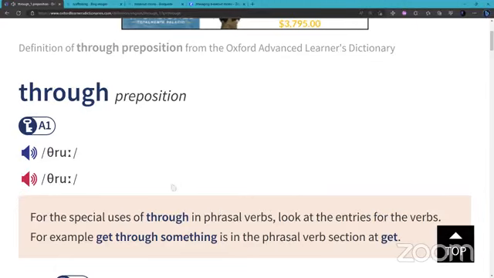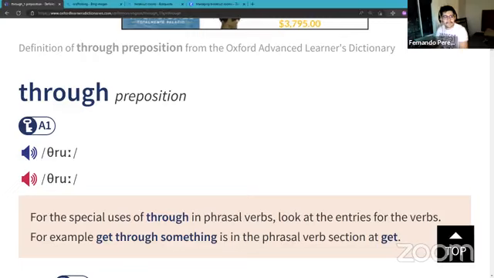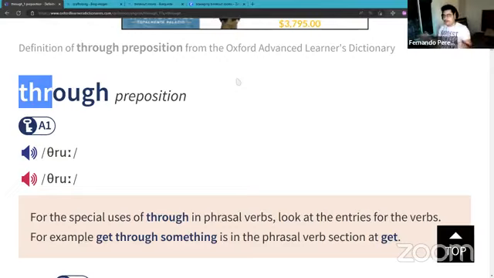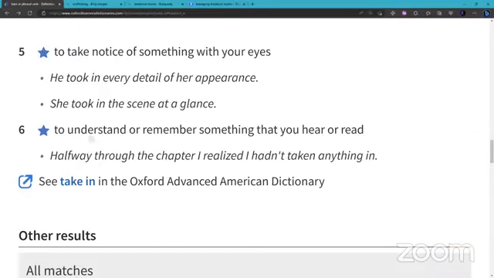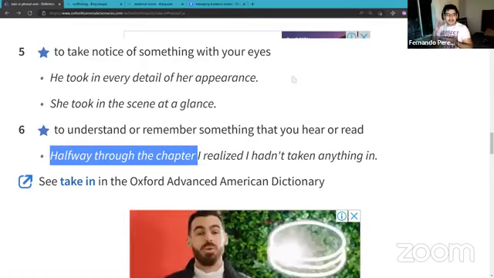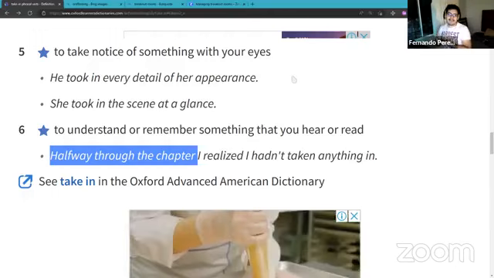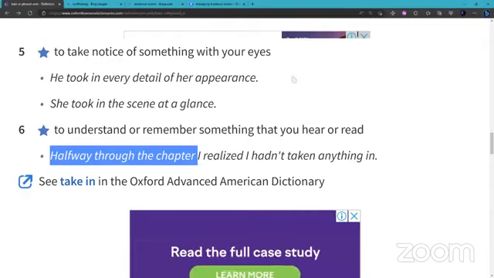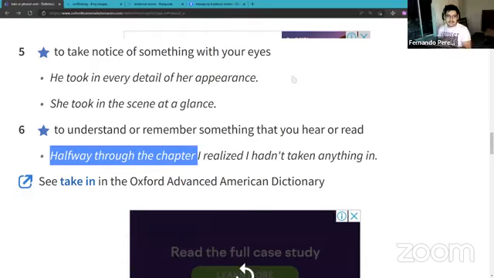That's right. Through is when something is similar to say across or similar to say during. So halfway through the chapter is you are reading the chapter and then you are halfway through. You know? Yeah, I got it, but this word didn't make sense to me.